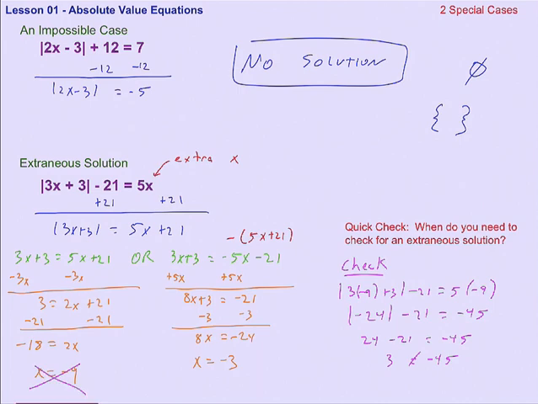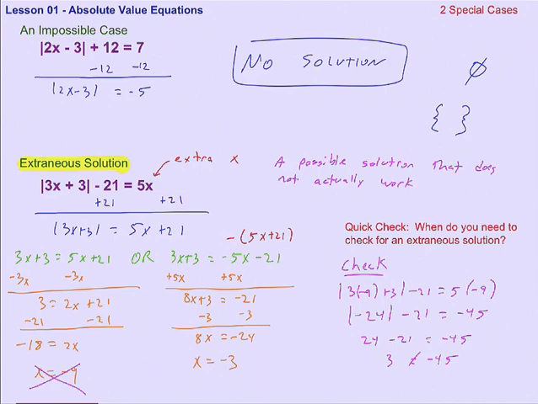And so this is what we call an extraneous solution. An extraneous solution is a possible solution, meaning you followed all the steps to get a solution and you got a possible solution that does not actually work. It means you didn't make a mistake, but that possible solution is not a solution.